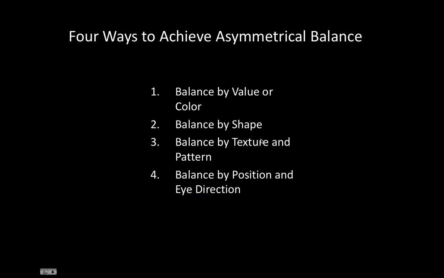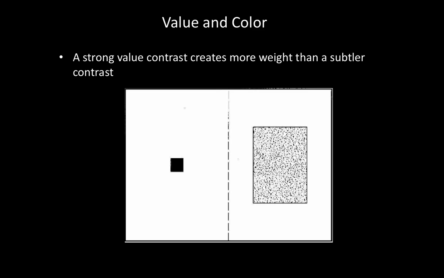Okay. There are 4 ways to achieve asymmetrical balance: balance by value or color, balance by shape, balance by texture and pattern, and balance by position and eye direction. A strong value contrast creates more weight than a subtle contrast.